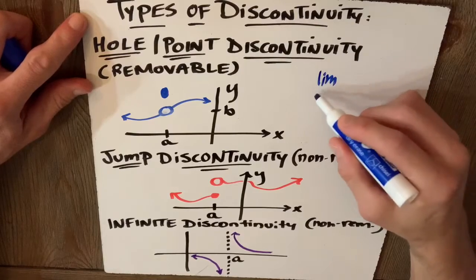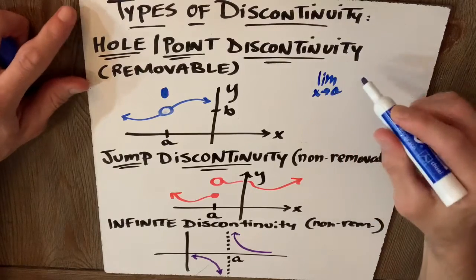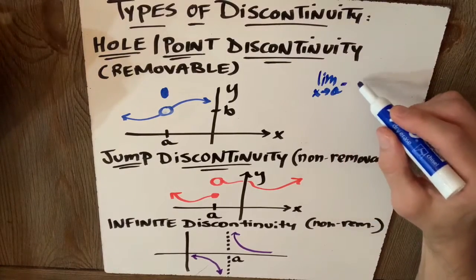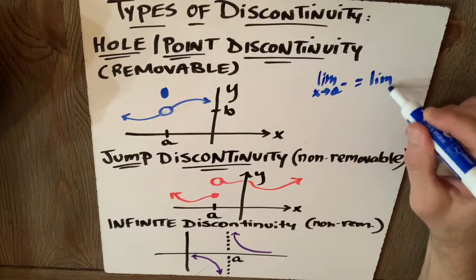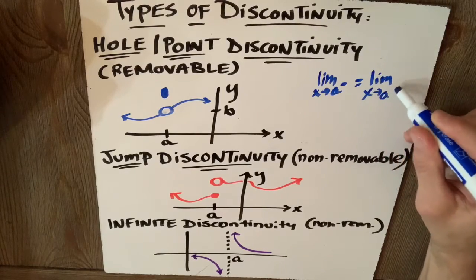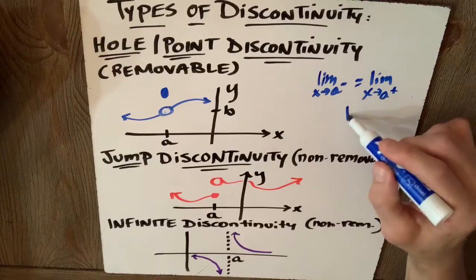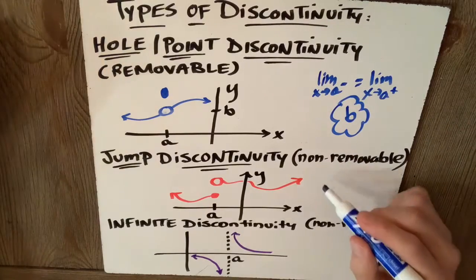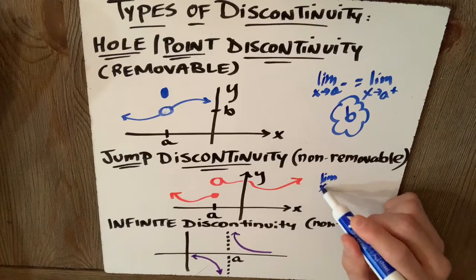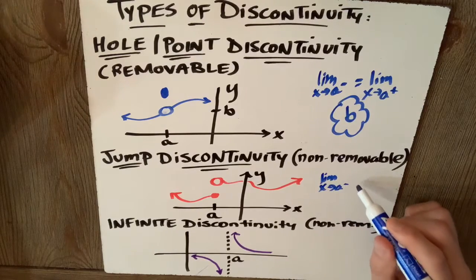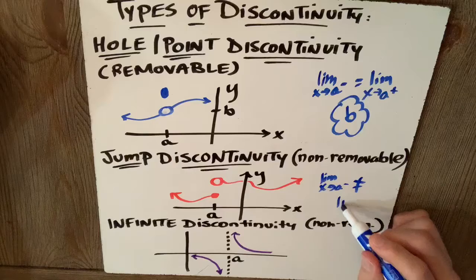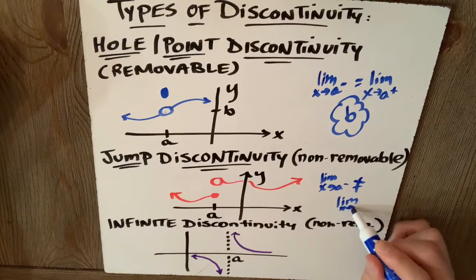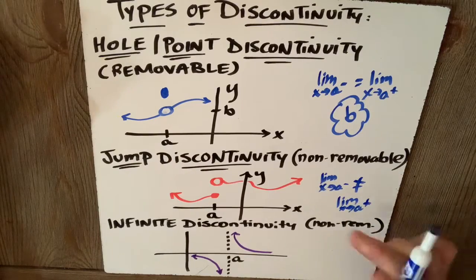Just a thought here. The limit as x approaches a from the left is equal to the limit as x approaches a from the right. Both of those are equal to b because that's the trend in y. The limit as x approaches a from the left does not equal the limit as x approaches a from the right here.